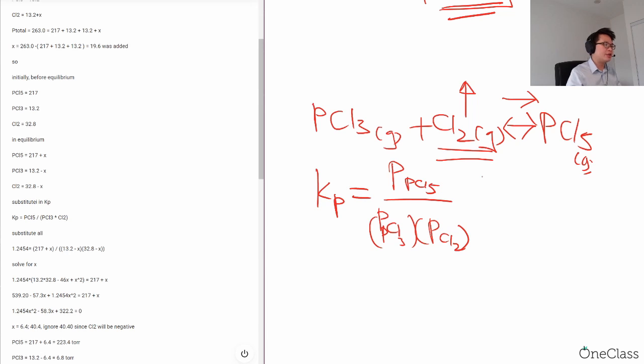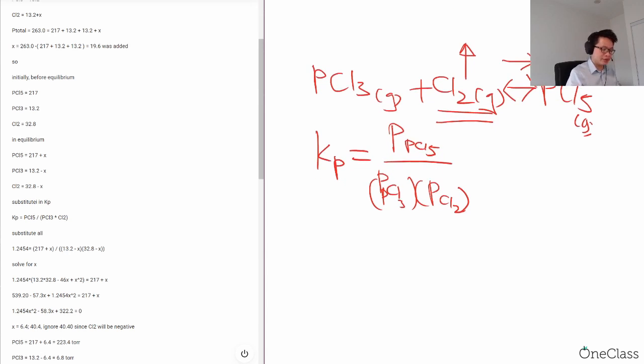Now we write our ICE table. First, we have 217 PCl5, and we add more chlorine gas. We expect the PCl5 to increase, but the Cl2 and PCl3 to decrease. When we set up the ICE table, the initial condition is the one just after adding the chlorine gas.